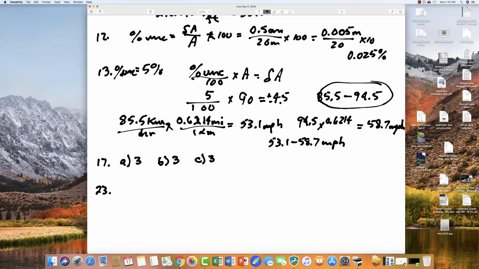So the next one is 23. Number 23 states, if a marathon runner averages 9.5 miles per hour, which is a blistering marathon pace, by the way, how long does it take him or her to run a 26.22 mile marathon? Well, this is pretty straightforward.